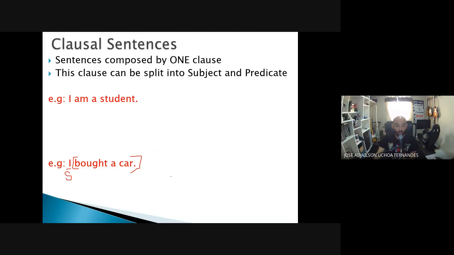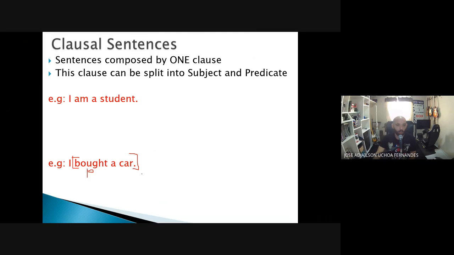Now, "bought a car" is a predicate. Where is the predicator for this? It's "bought." Yeah. So let's mark it as predicator. "Bought a car" is the predicate. And this is the predicator. This P here means predicator.